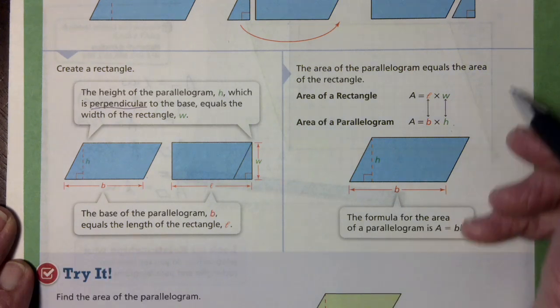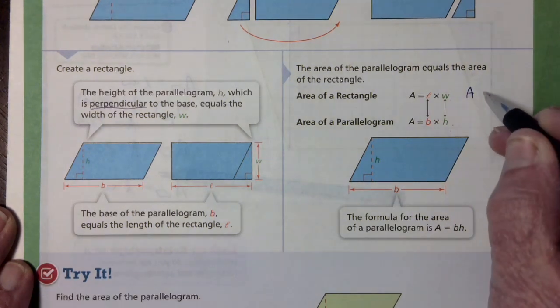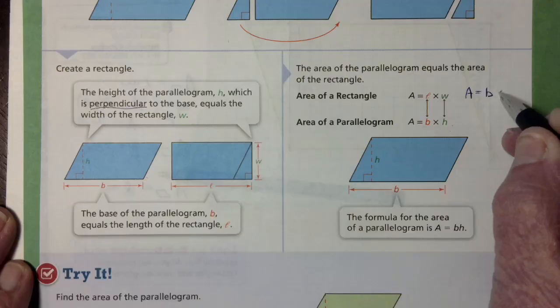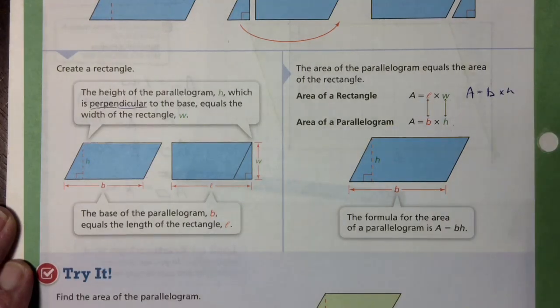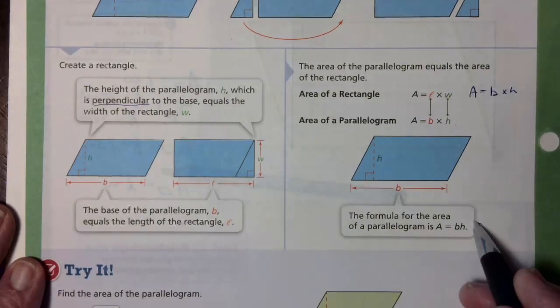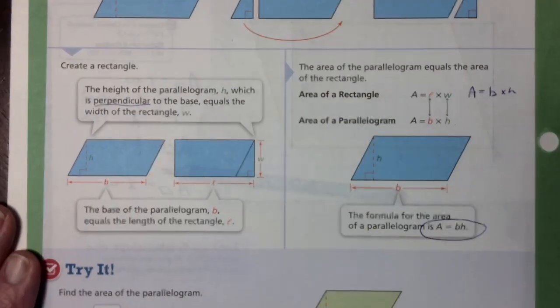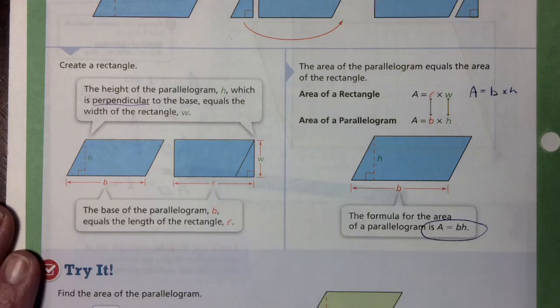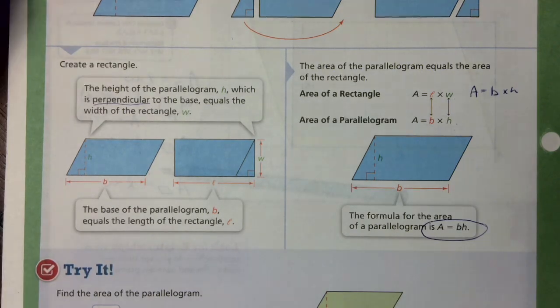So we could even say right here that the area of a rectangle is equal to the base times the height. Okay, so it's better to use the B and the H. Alright, so here's the formula we're going to use. The area of a rectangle is base times height, or the area of the parallelogram is base times height.